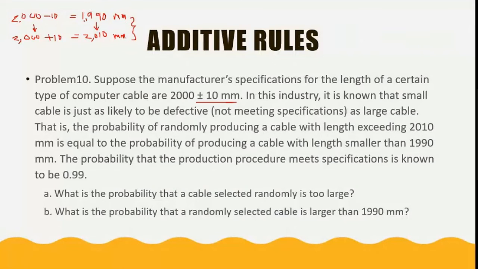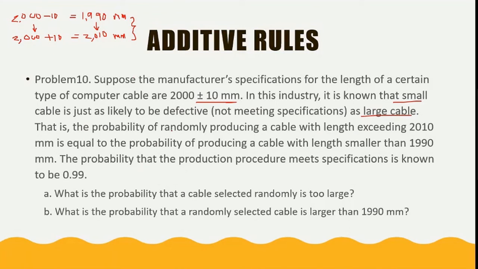It's from within 1990 to 2010. Now, in this industry, it is known that a small cable is just as likely to be defective, not meeting specification, as a large cable. So this means that the probability of getting a smaller cable compared to the specification has the same probability of getting a larger cable compared to this specification.